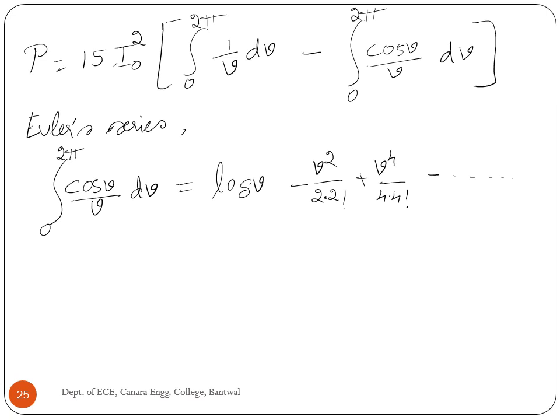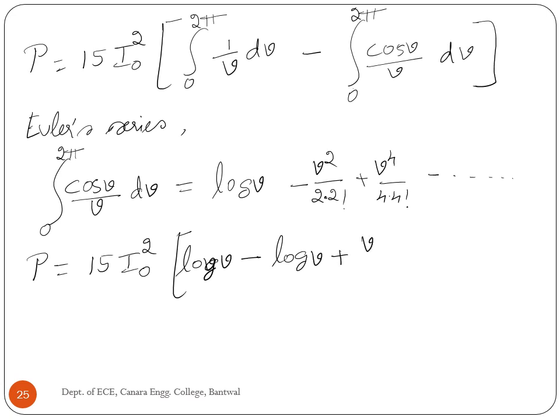When I use this in the above equation, I'll get 15 I naught square into integration 1 by v for a limit 0 to 2 pi is log v minus integration of cos v divided by v dv for a limit 0 to 2 pi is log v plus v square divided by 2.2 factorial minus v to the power 4 by 4.4 factorial plus and so on.